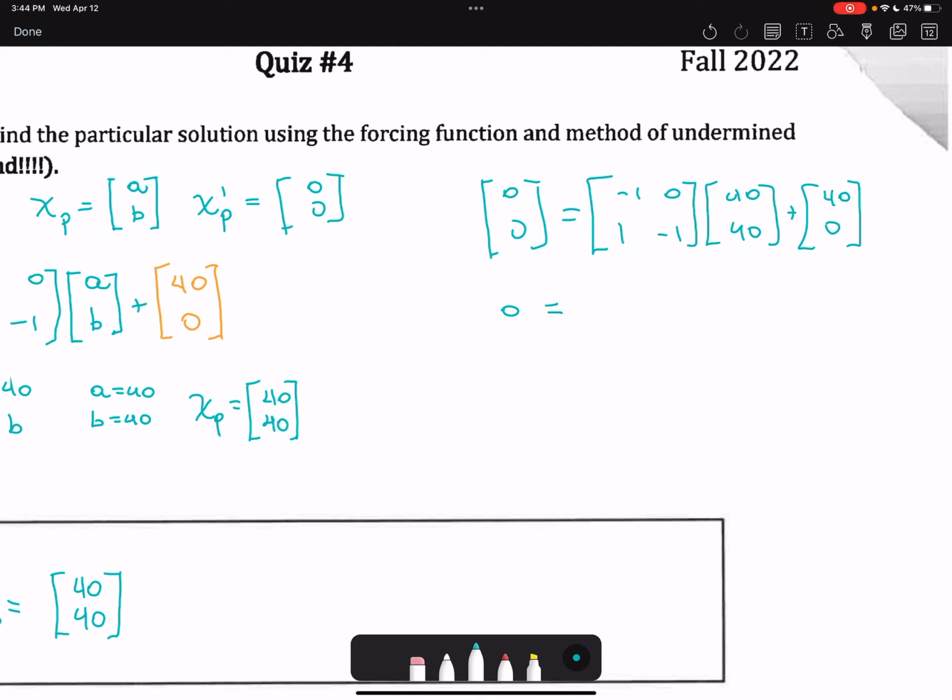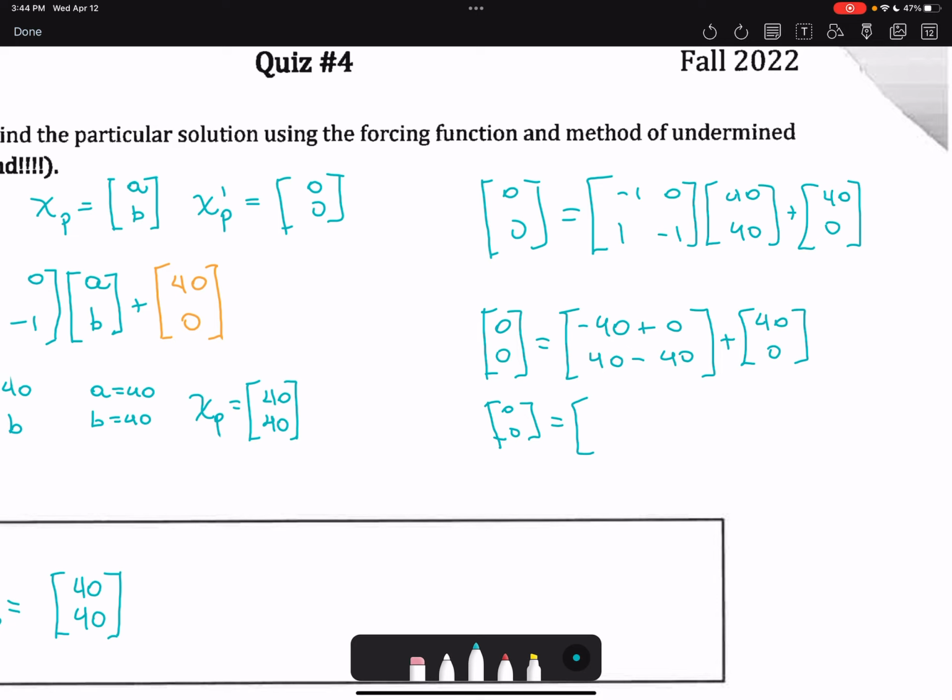So here on the top one, we can just keep them as matrices. So if we keep them as matrices, we're going to get -40 plus 0 and 40 minus 40 plus 40, 0. Which is going to be what?